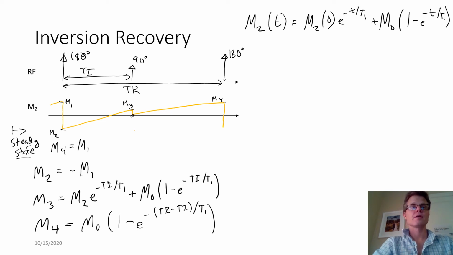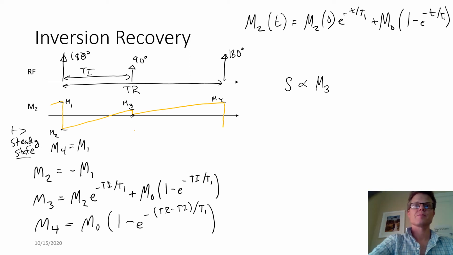So putting these equations together, noting that our signal is going to be proportional to M3, right? So it's whatever our Z magnetization is right before this 90-degree RF pulse.